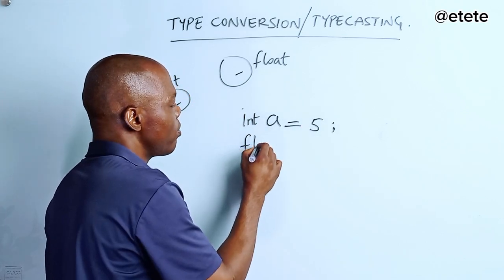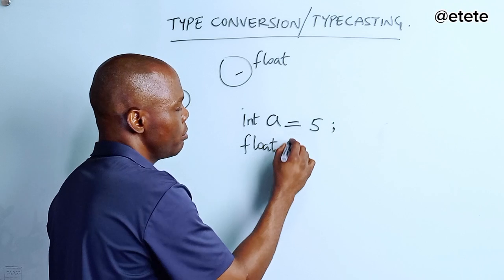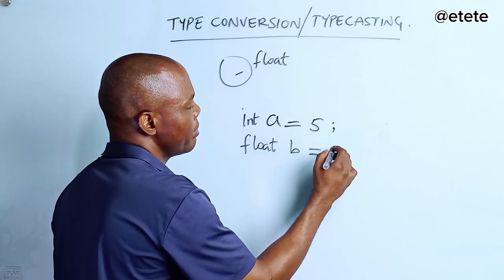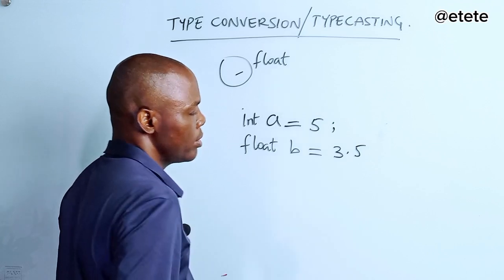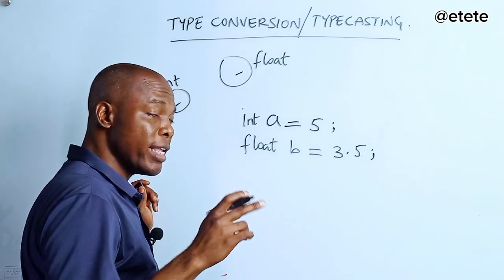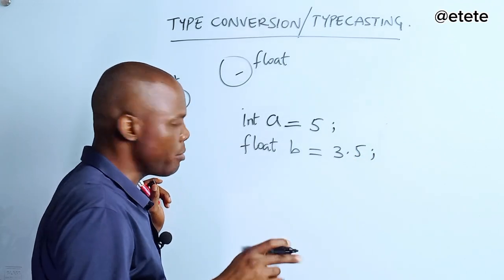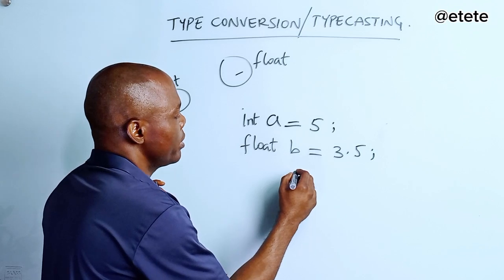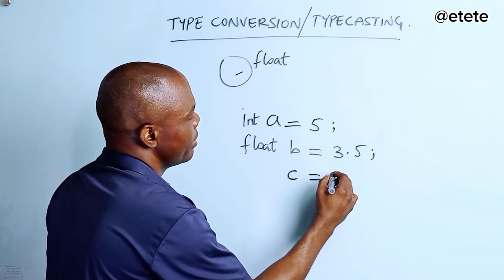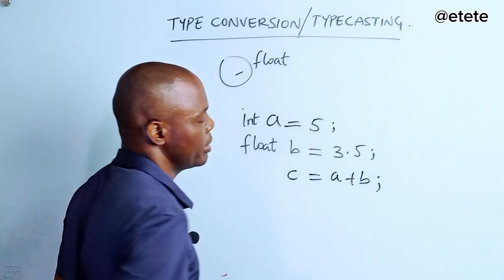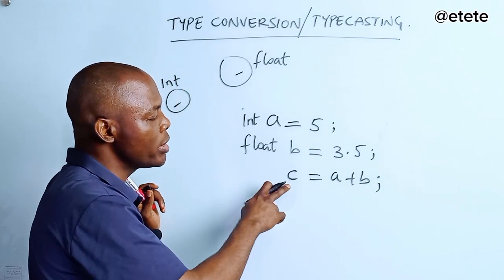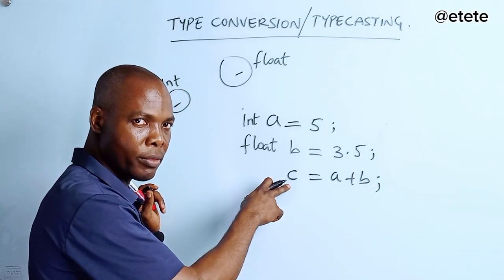Then I have another one, float b, and I assign 3.5 to it, and then I close. Then I want to carry out an arithmetic calculation, which will be c. I will assign a plus b. So what do you think will be the data type of c?